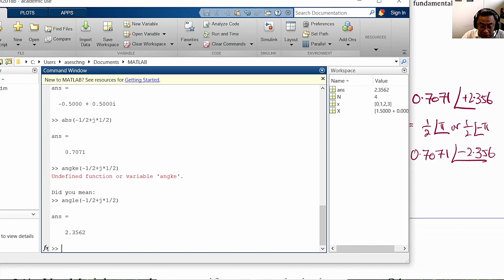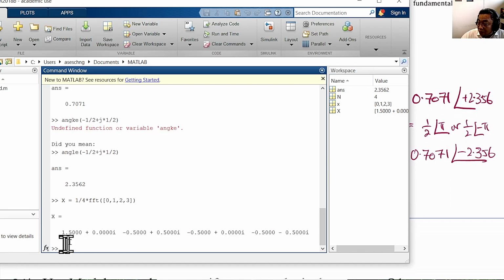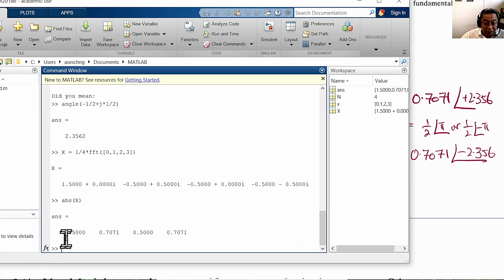x equals 1 over 4 times FFT of 0, 1, 2, 3. And the answer is all these values here, and I want to put absolute value of x. Then you get 1.5, 0.7071, 0.5, and 0.7071.